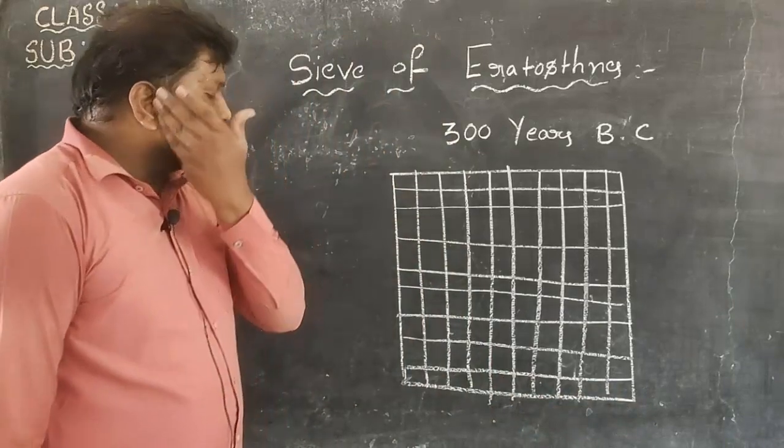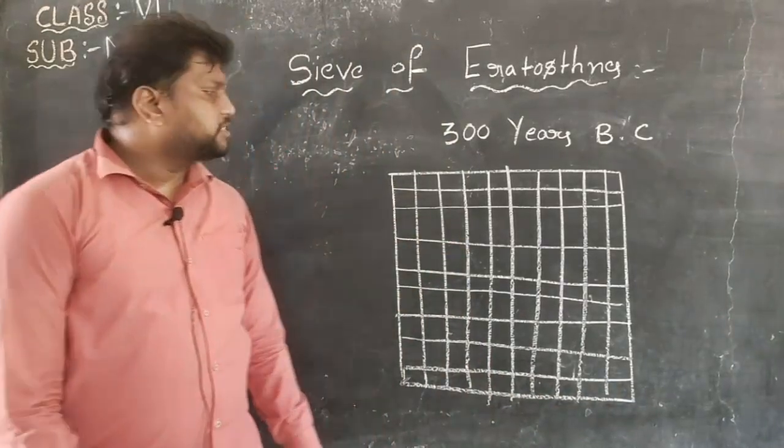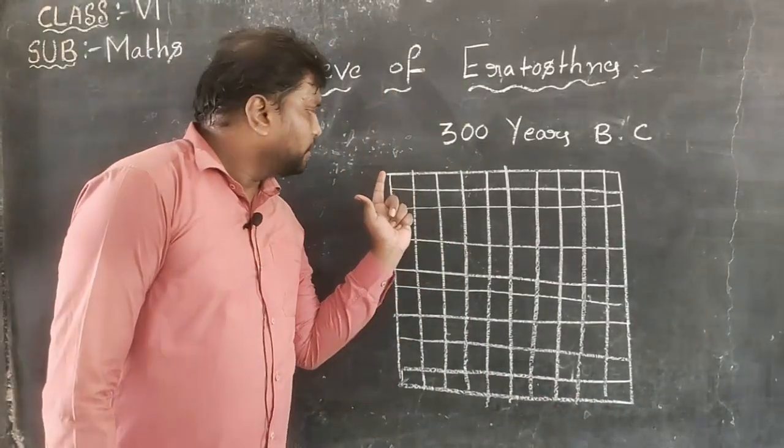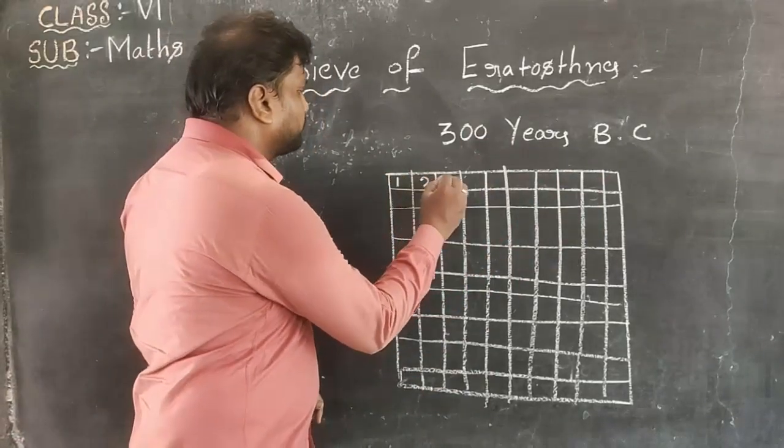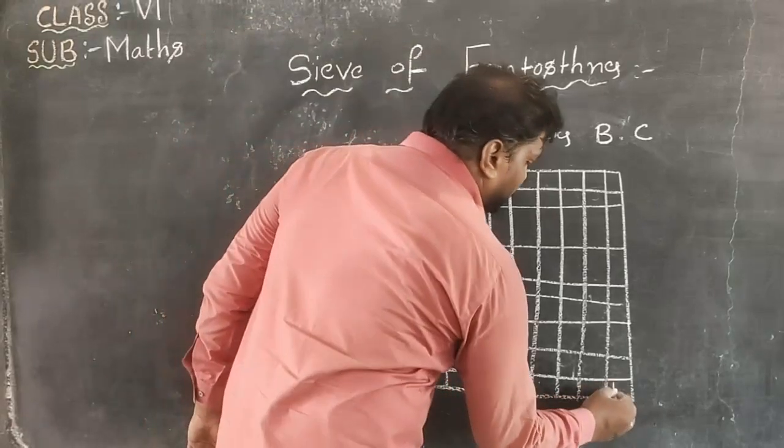Draw one table, or take a paper and draw 10 rows and 10 columns, and take the numbers 1 up to 100.